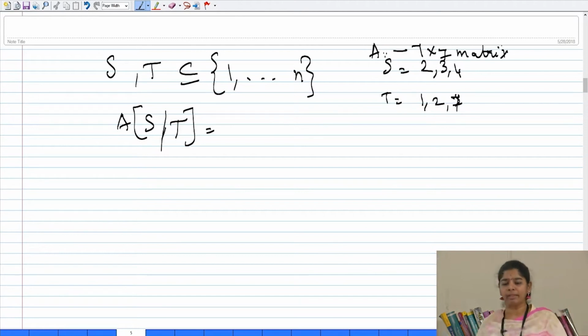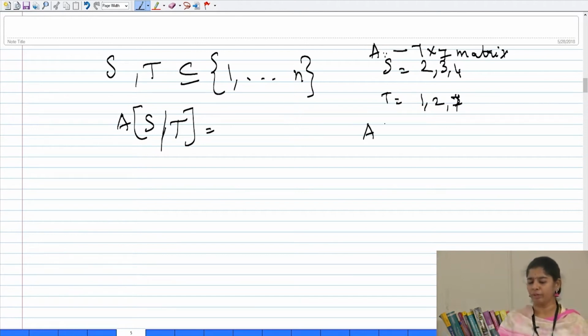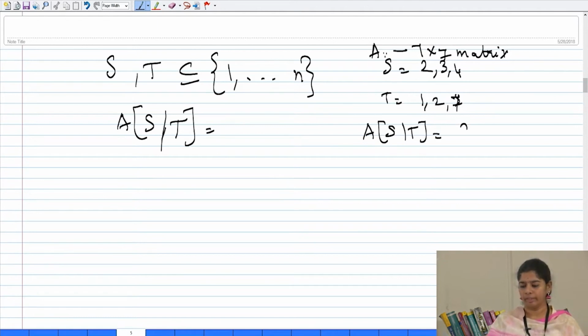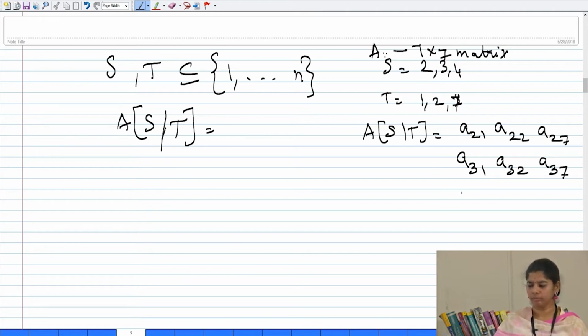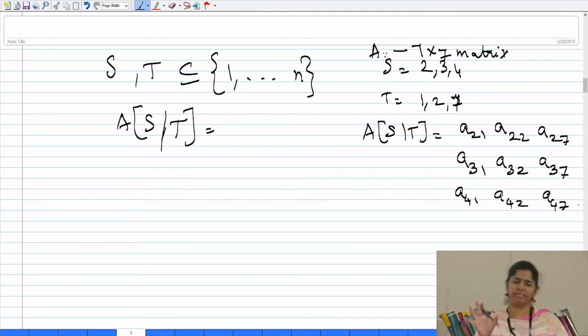The submatrix A_ST is nothing but all those entries of the form A21, A22, A27, A31, A32, A37 and A41, A42, A47. So, this is a submatrix. Given any matrix you can construct submatrices like this.